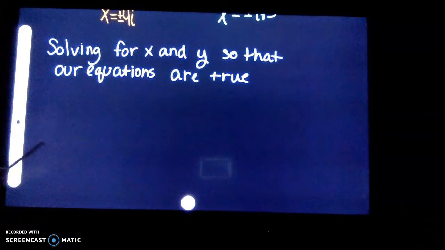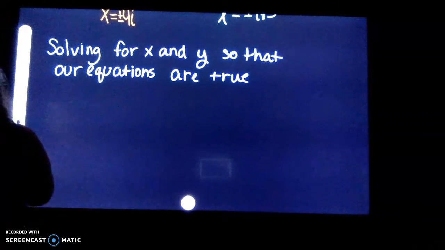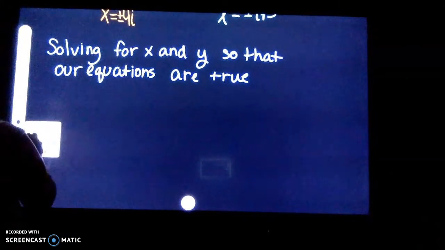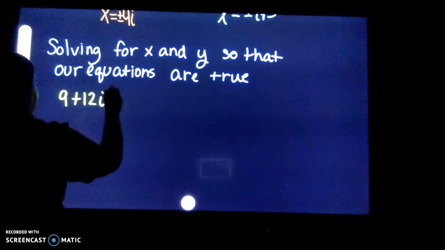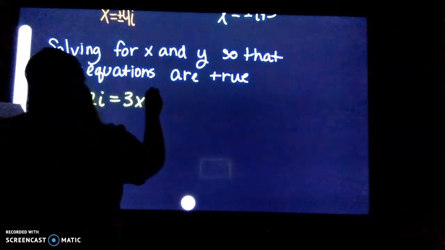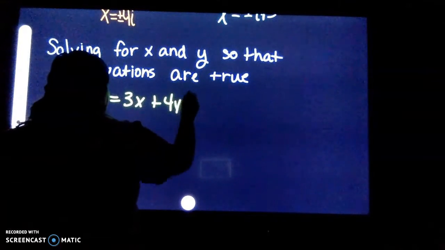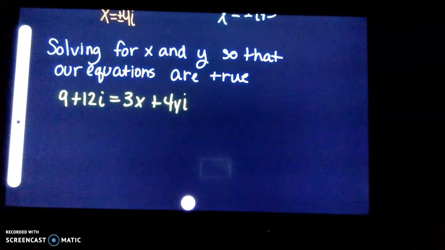So what I mean by this is if I have an equation, let's say, for example, 9 plus 12i equals 3x plus 4yi. I know these two are equal to each other because that's what my equal sign means, but I don't know what x and y are, so I need to figure out what they are so that I can prove that they are in fact equal.